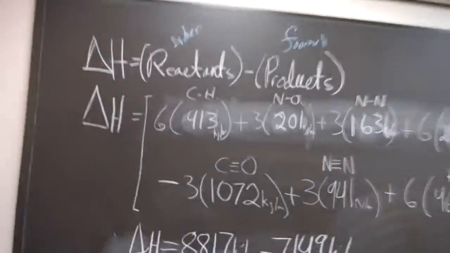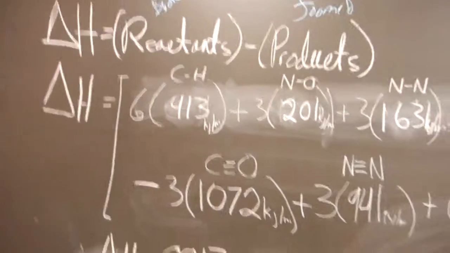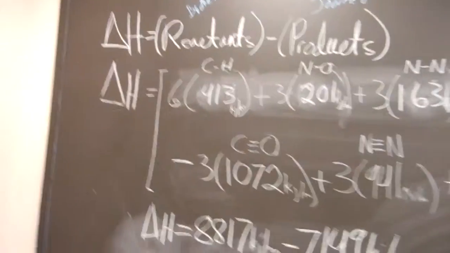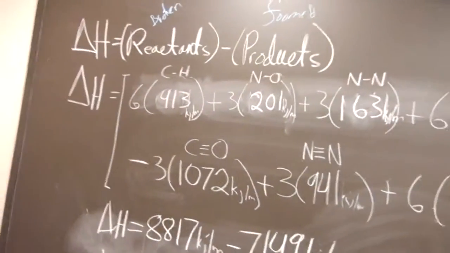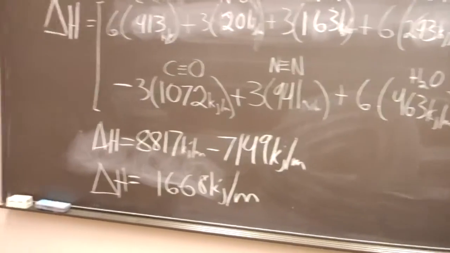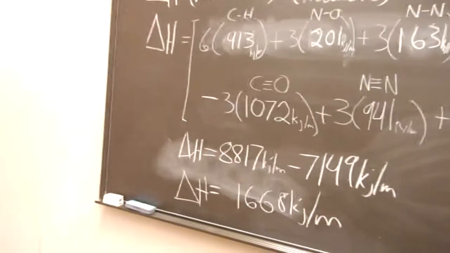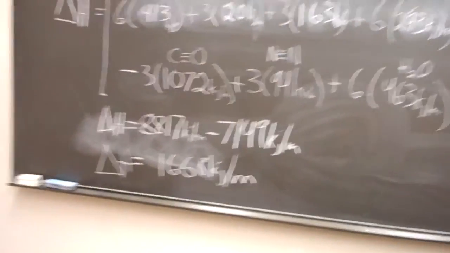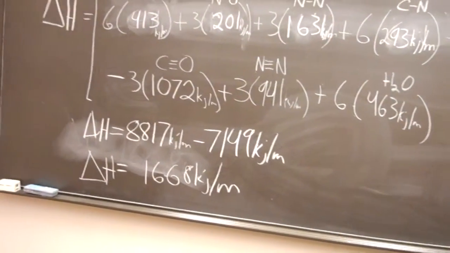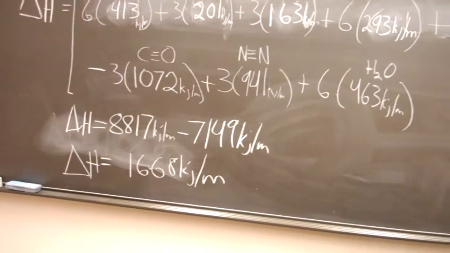So here we have the enthalpy values for broken bonds and the bonds formed. Here we have carbon to hydrogen. Since we have 6 bonds of carbon to hydrogen, 3 bonds of nitrogen to oxygen, 3 bonds of nitrogen to nitrogen, 6 bonds of carbon to nitrogen, 3 bonds of nitrogen to oxygen, all summed up, minus the 3 bonds of carbon to oxygen, 3 bonds of nitrogen to nitrogen, and 6 bonds of H2O.